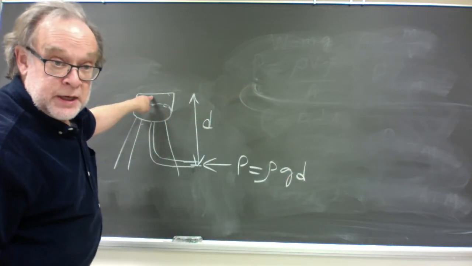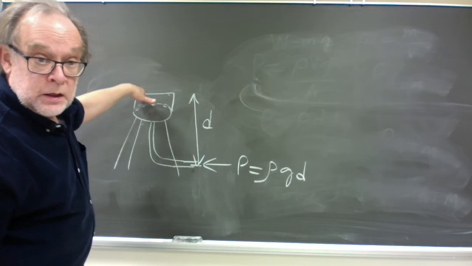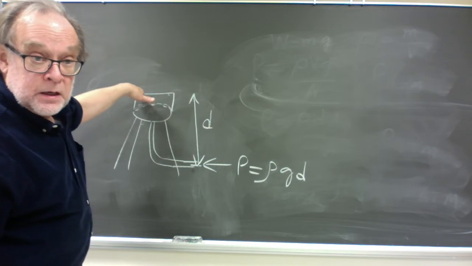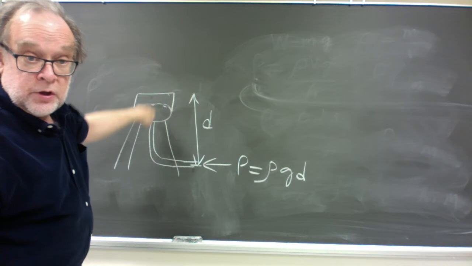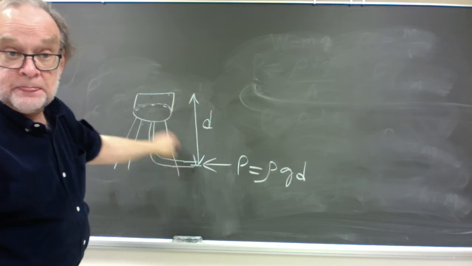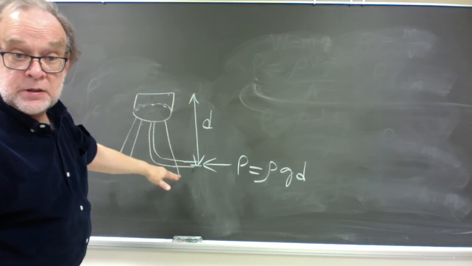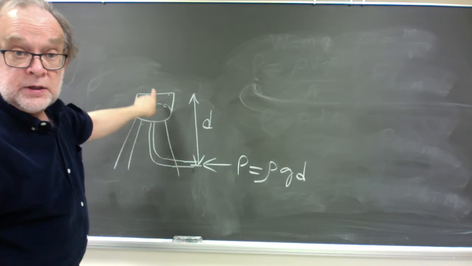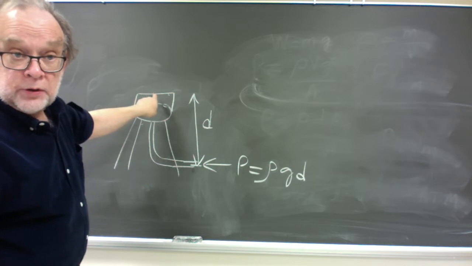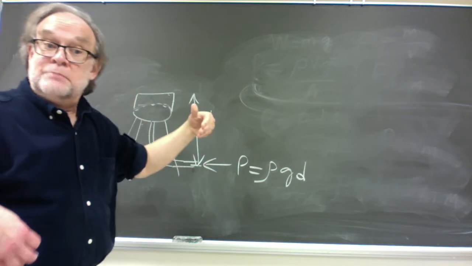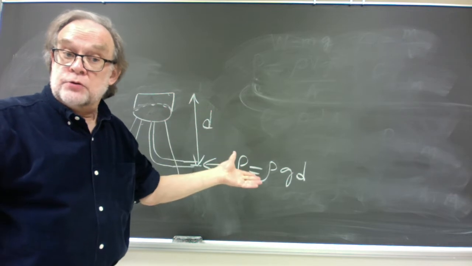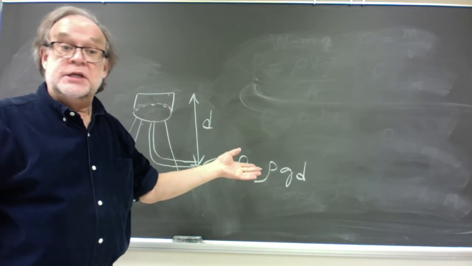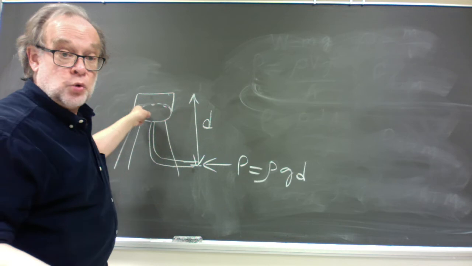It's not exposed to the atmosphere, so there's no additional pressure from the weight of the air above. The pressure here is just due to the depth below the top of the water level, because that's all the fluid pressure depends on. It does not depend on the total volume of water.